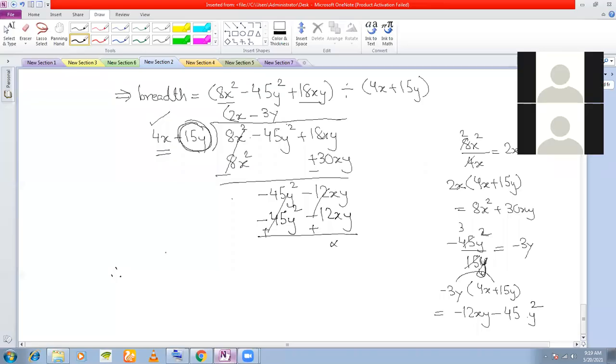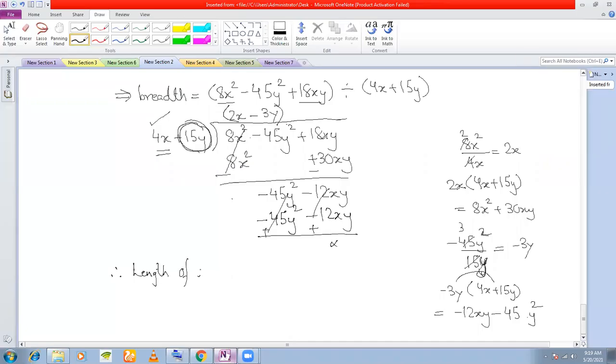This quotient is the length, right? Therefore, the length of the rectangle is equal to the quotient, is equal to 2x minus 3y. That's it. Any question you have?